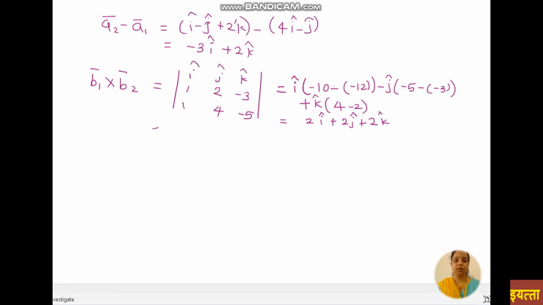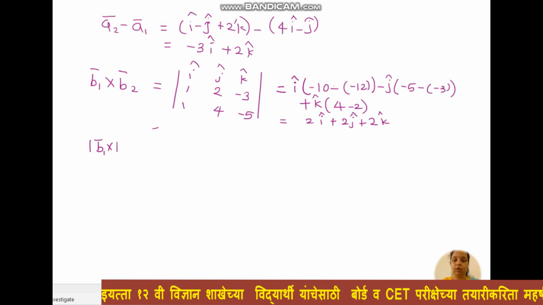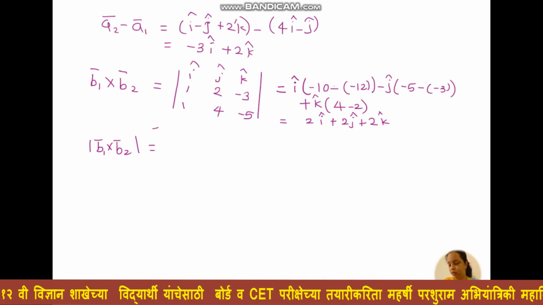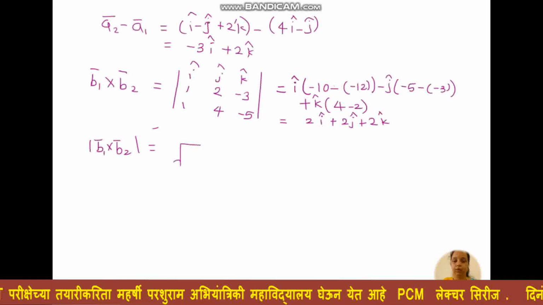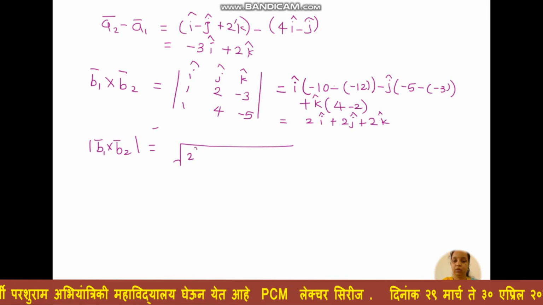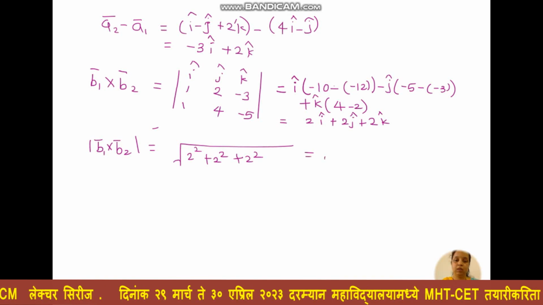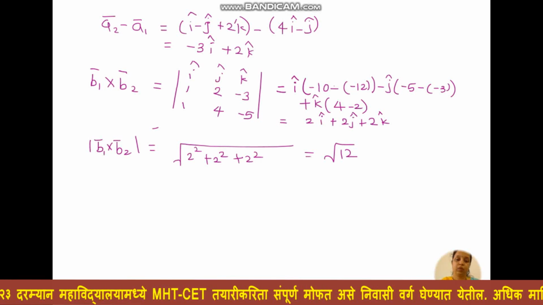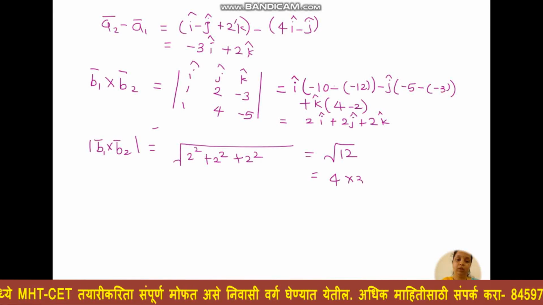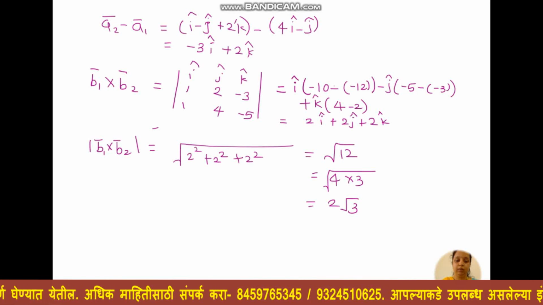This determinant is equal to 2i plus 2j plus 2k. Therefore, modulus of b1 bar cross b2 bar is equal to square root of 2 square plus 2 square plus 2 square, which is equal to root 12, equal to square root of 4 into 3, which is equal to 2 root 3.